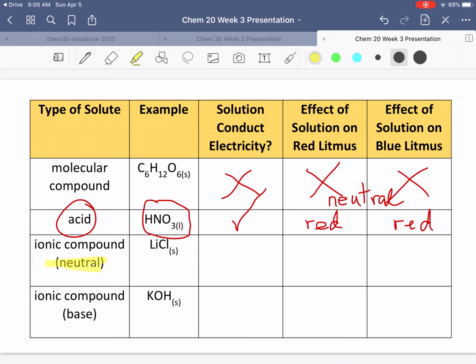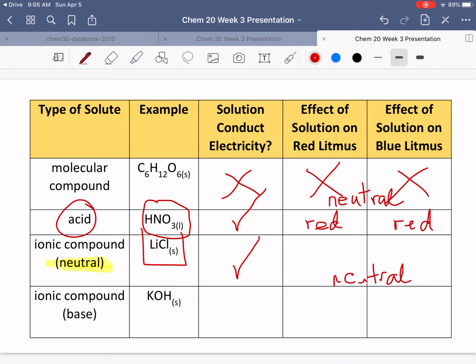Next one. A neutral ionic compound. And there's an example given you there, lithium chloride. So lithium chloride, when you put it in water, will dissociate into its individual ions, lithium plus and Cl negative, both aqueous. If ions are present, yes, it will conduct electricity. However, it is not acidic or basic.